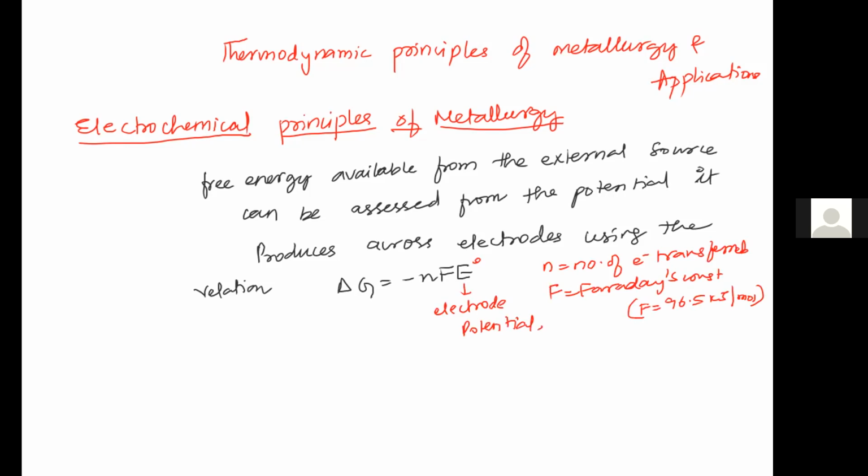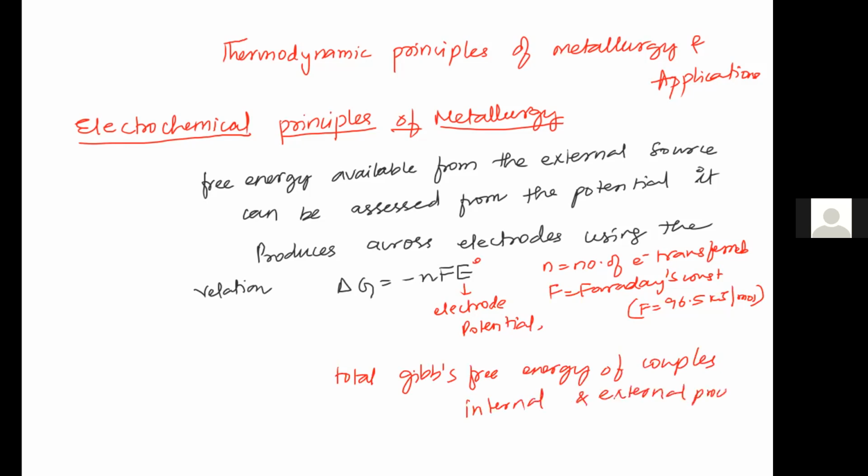So for example, the total free energy of the coupled process, meaning internal and external, is delta G internal plus delta G external, which equals delta G minus nFE external.